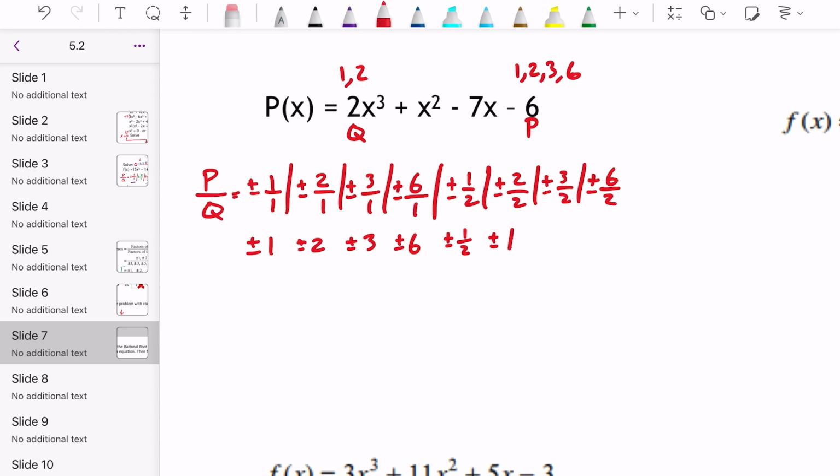We have seen that number before, so we do not have to retry it the same way. We end up with positive negative 3 over 2. And the last one would be a positive negative 3, which is also similar to the problems that we had before.